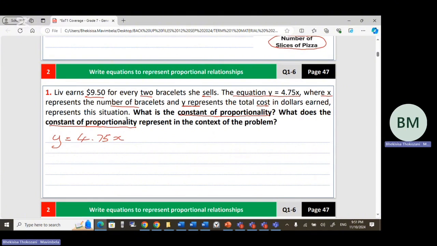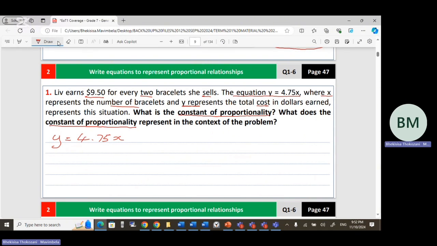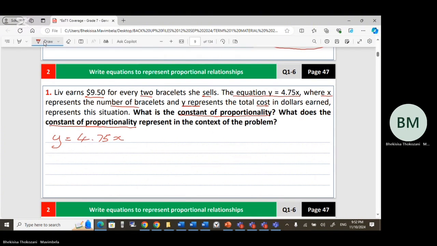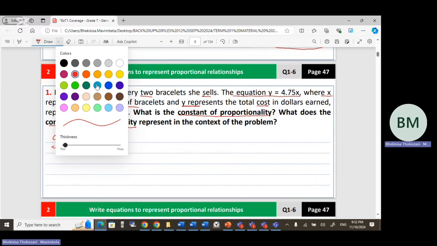That is the equation. So just forget about this 9.50 and all of that. Just go straight to the equation, and I'll tell you which number you need to look for.